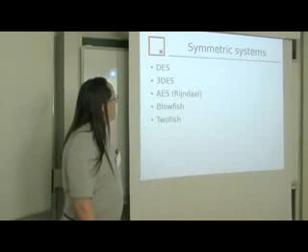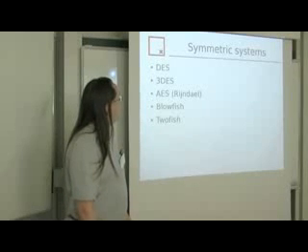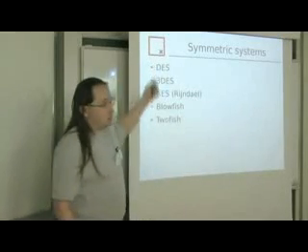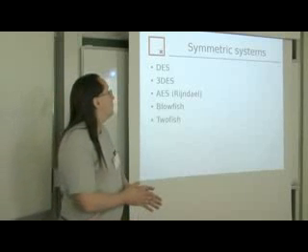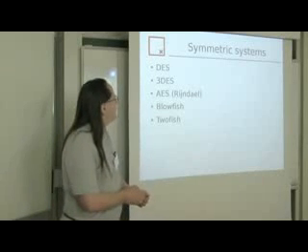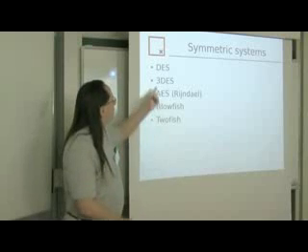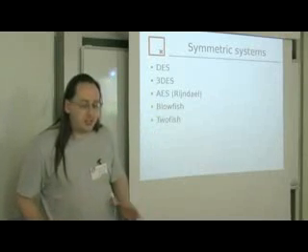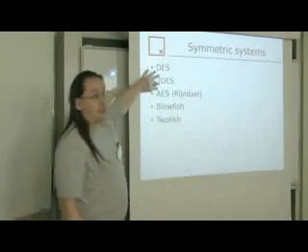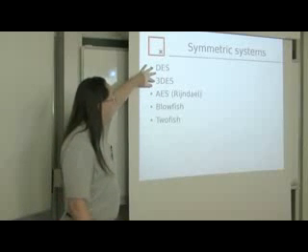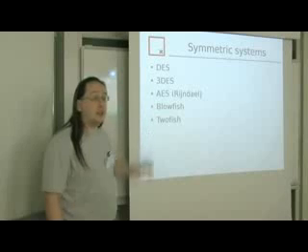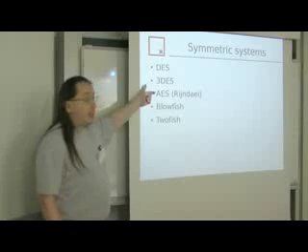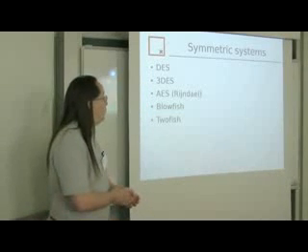Some of the more modern symmetric crypto systems, you may have heard of some of these. DES was developed in the 1970s by the US, or for the US government. I think it was developed by IBM. 3DES was an advancement on DES that was basically a bit better. Both of these are now starting to look rather shaky. You can pretty much brute force DES now on modern hardware. So recently developed AES, which was the winner of a competition.